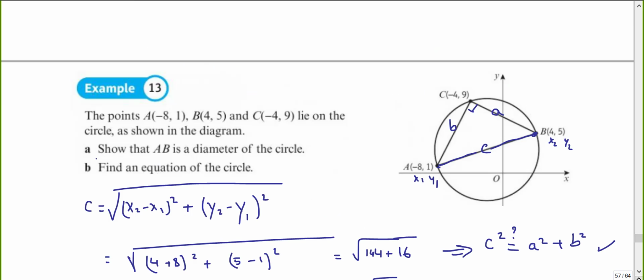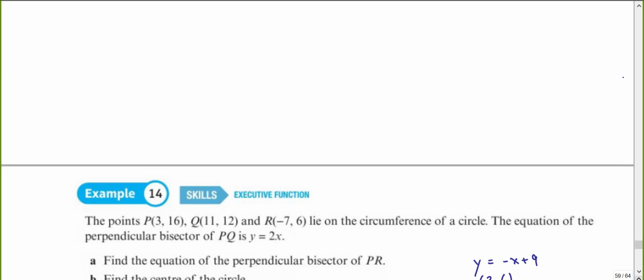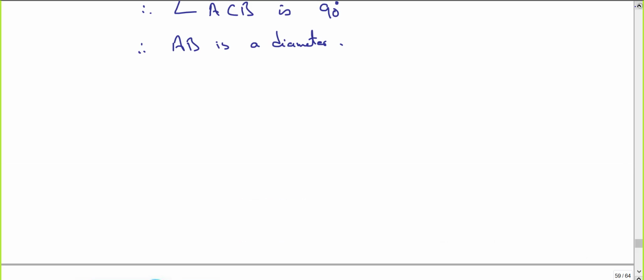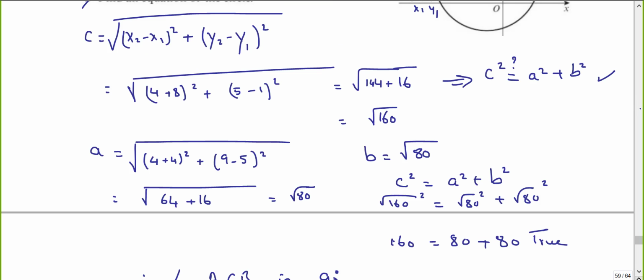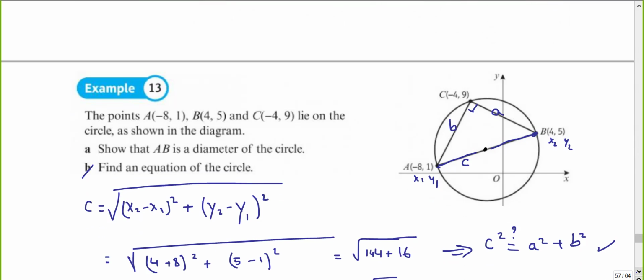Second part of the question, they say find the equation of the circle. To find the equation of the circle, what do you need? Y equal mx plus c. This is the equation of the circle. Adam. Yeah. Equation of the circle is y equal mx plus c.